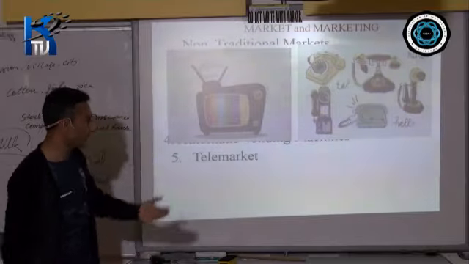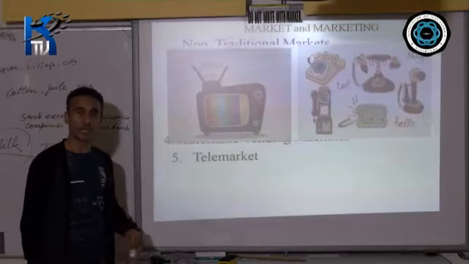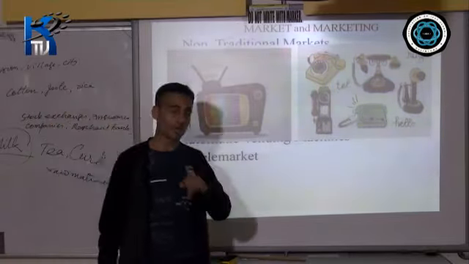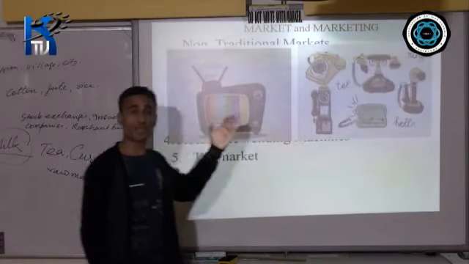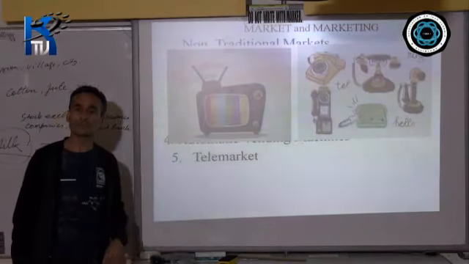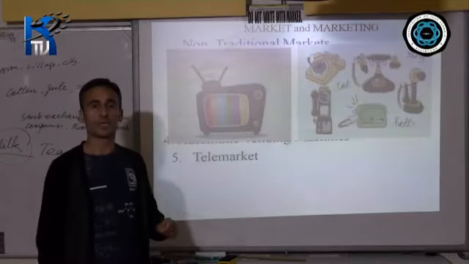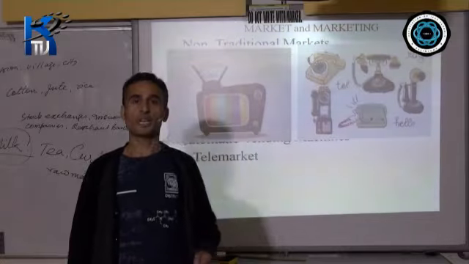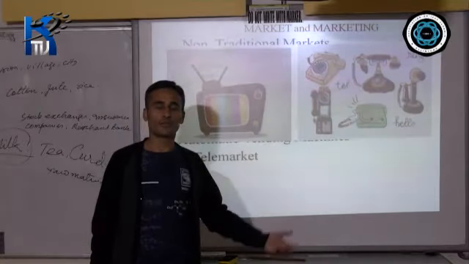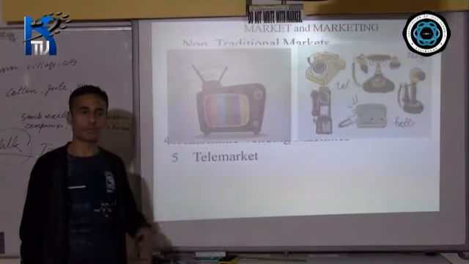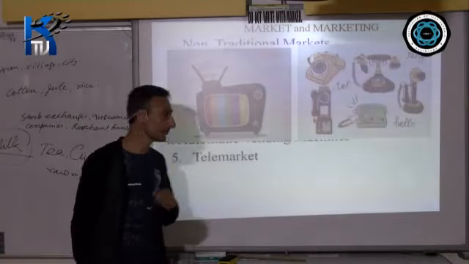If he is satisfied with the explanation or with the display, he can place the order through the telephone, because the toll-free number will be given there, and the products are delivered to their house through courier, and payment can be done in any form they want, maybe cash on delivery or debit card or credit card, and so on.